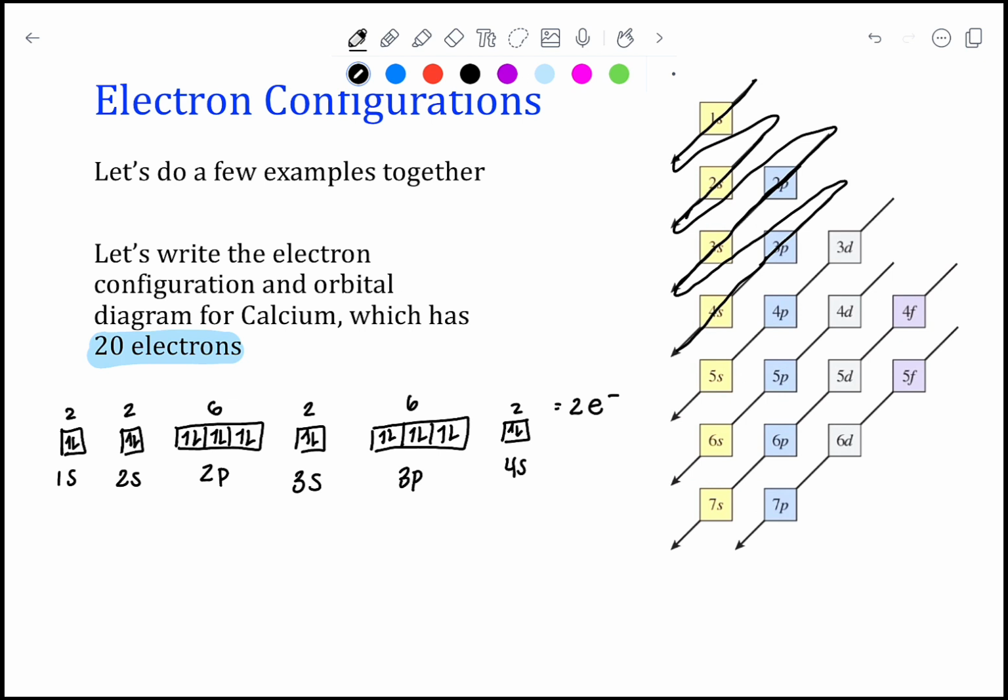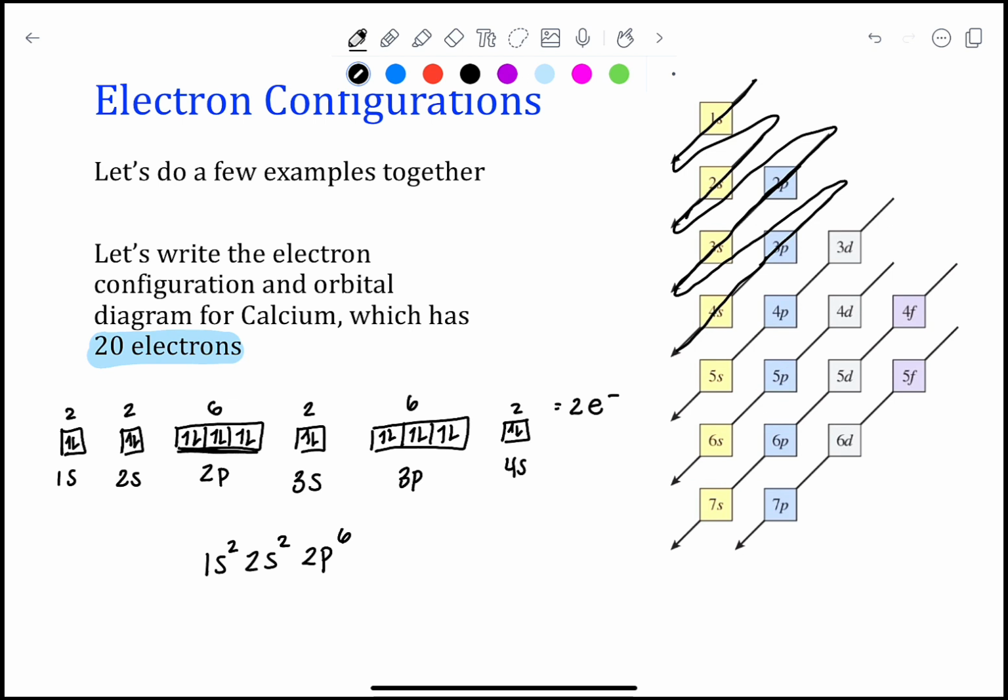Now we can take that orbital diagram and turn it into an electron configuration. We have 1s, there's 2 electrons in that one. 2s, there's 2 electrons. 2p, there's 6 electrons in the 2p orientation.